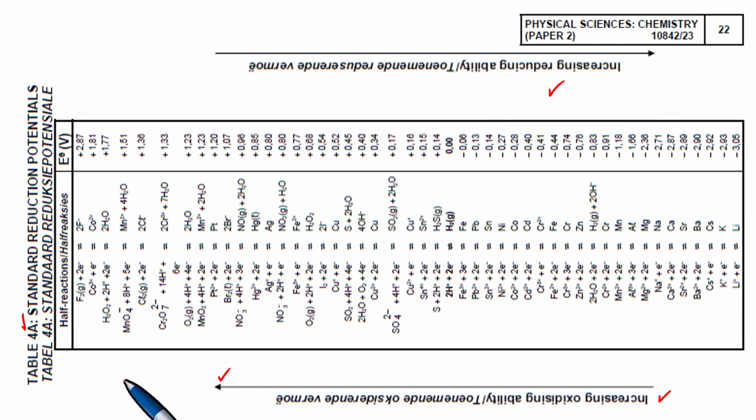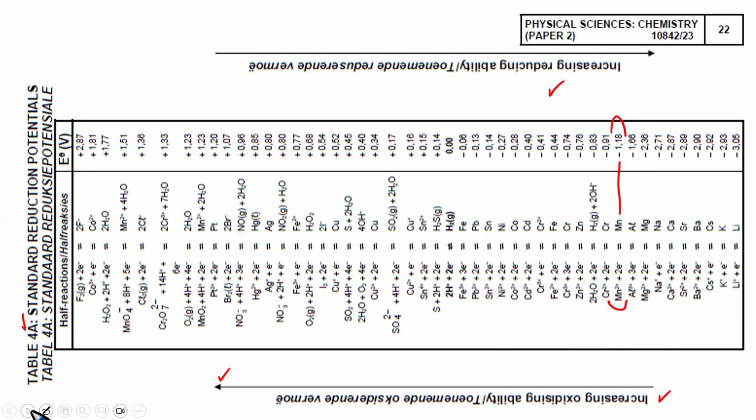Now there are certain things that remain very important in our analysis of the chemistry. Where is manganese here? You need to look for Mn, manganese, in this table and identify it very, very well. Here is manganese, and you can see that the manganese has its E theta value. The E naught or E theta value is minus 1.18 for manganese.